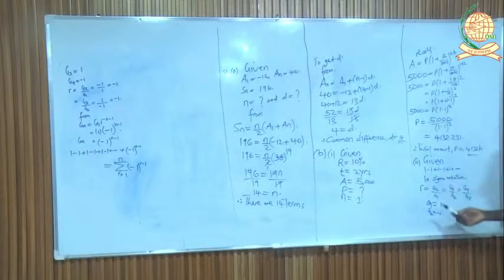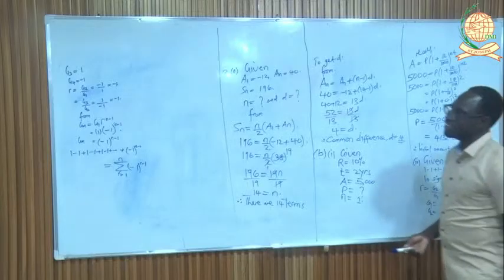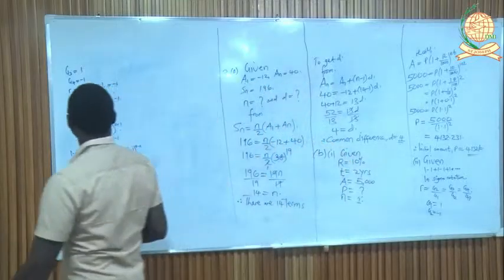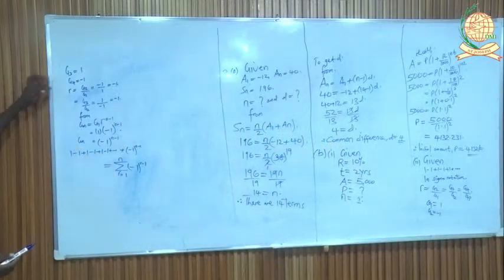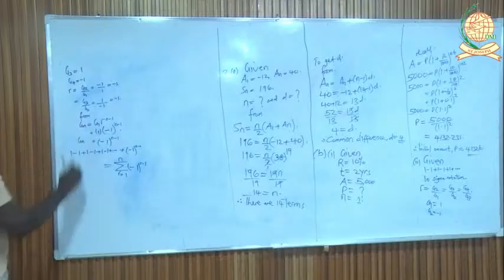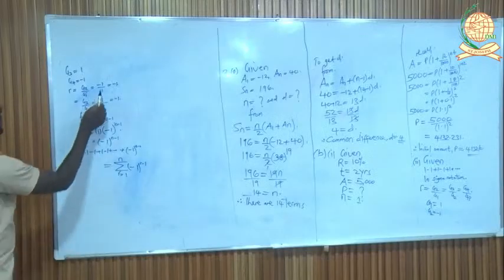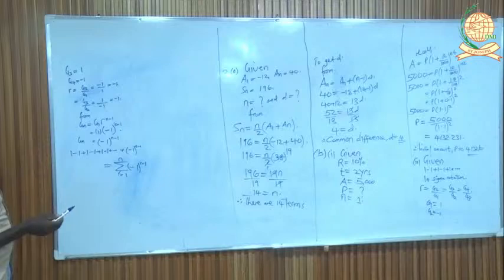Now from the series, g1, the first term, is positive 1, g2 the second term is negative 1, g3 is positive 1, g4 is negative 1. Then r, from the formula g2 over g1, is negative 1 over 1, which is negative 1.